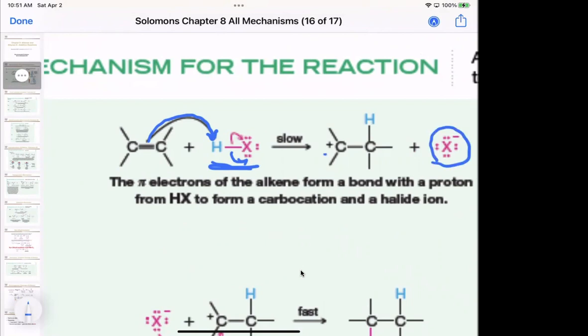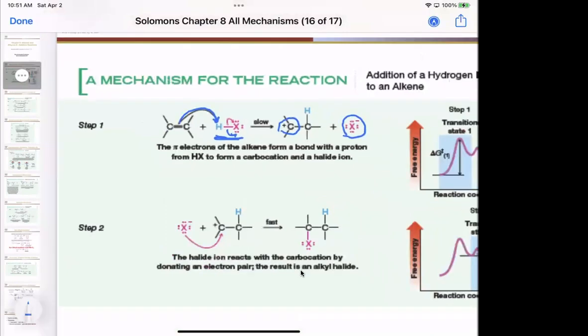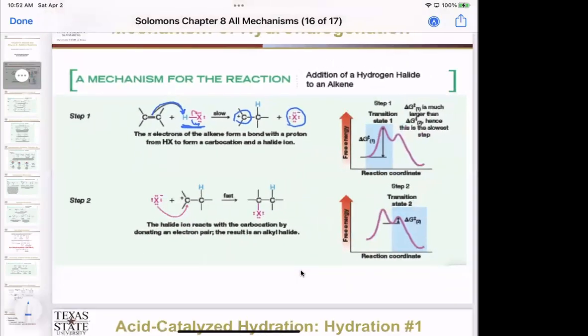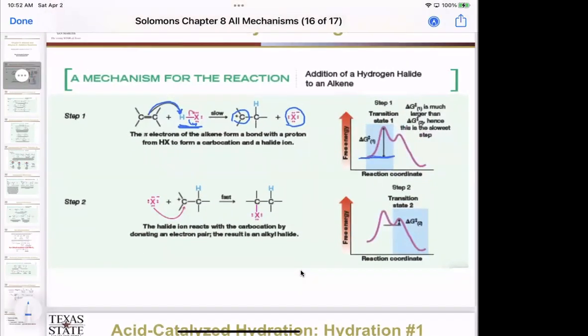Notice what we also did is we created a carbocation. That was the slow step to generate the carbocation because it has the highest transition state energy right here. Now the next step is very fast because we now have a new nucleophile and we already have a positive charge. So these electrons are going to kick in and create a new sigma bond between the carbon and the halogen.